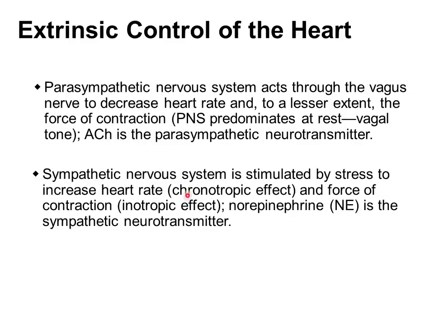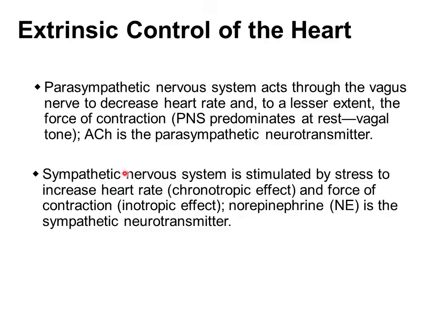So your sympathetic nervous system is stimulated by stress to increase heart rate. So it has a chronotropic effect, like if you've ever heard of a chronograph, it's a watch. And it also increases the force of contraction, or inotropic effect. And norepinephrine is the sympathetic neurotransmitter.